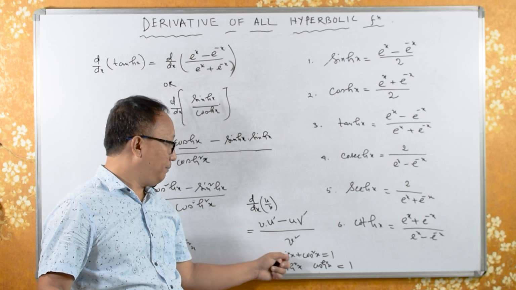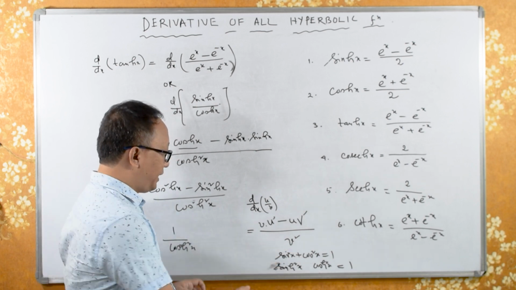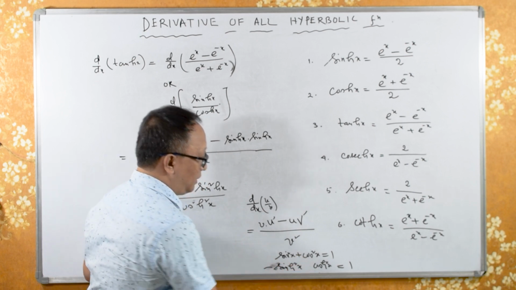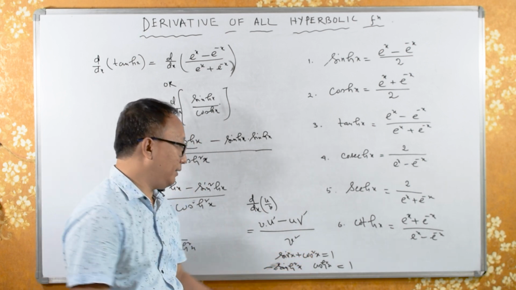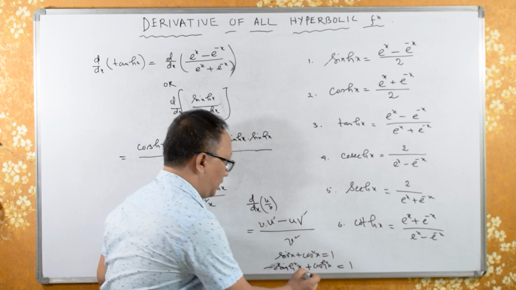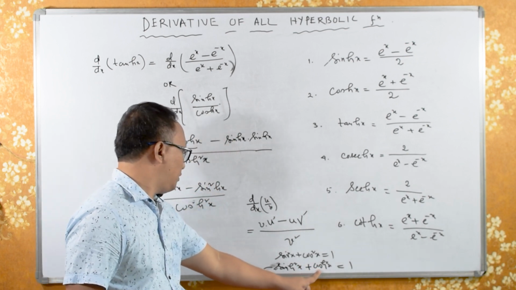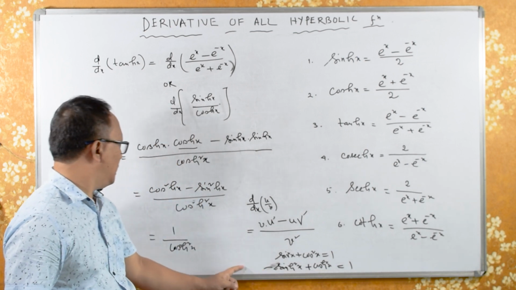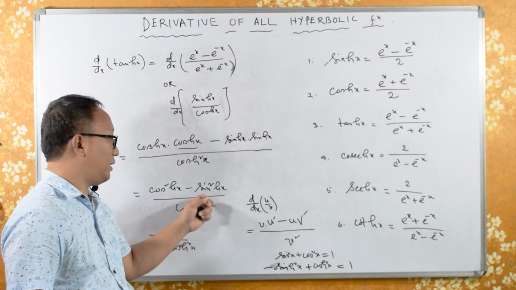Here we have two sine functions. In that, change the sign. If it is plus, then minus; since it is not two sine, therefore plus. Therefore cos hyperbolic square x minus sine hyperbolic square x is 1.